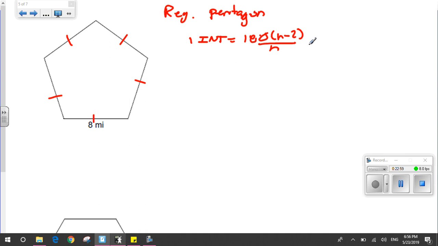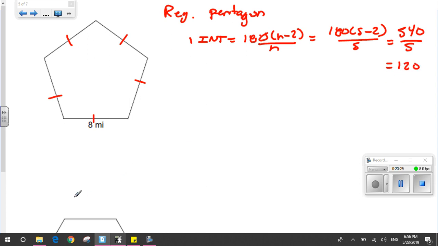So in this particular case, that would be 180 times 5 minus 2 over 5, which is 180 times 3, which is 540, divided by 5 is, I believe, 120.